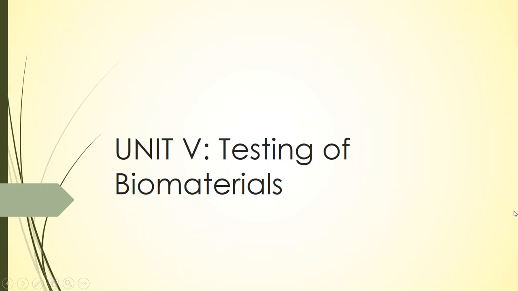Well, we do require additional testing because often we do not use exactly the same material. For example, if you take a polymer, right? Often the characteristics of the polymer are modified such that it closely resembles the organ that it is going to replace.